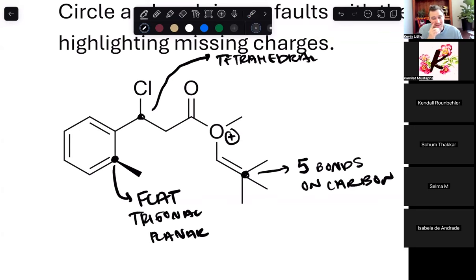No, this carbon cannot exist. You will not see five bonds on a carbon. It's not positively charged. It just won't exist. It literally doesn't have enough orbitals to hold that amount of electrons. So it's not that it would be positively charged. It just cannot exist.